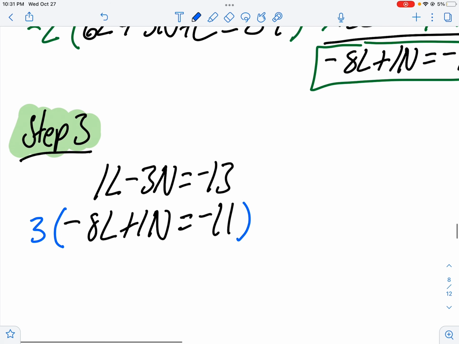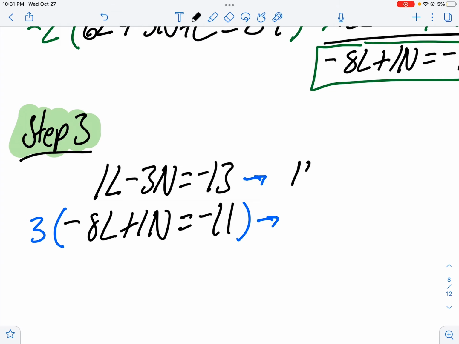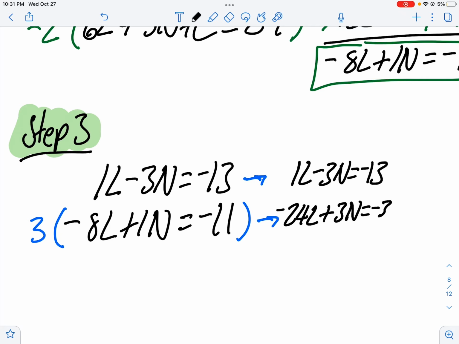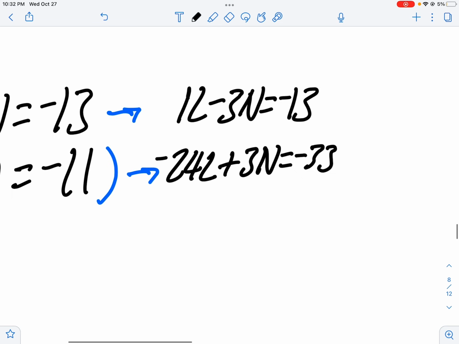So I'm going to move them over here. So I'm going to get 1L minus 3N is equal to negative 13. And this is going to give me negative 24L plus 3N is equal to negative 33. Right?